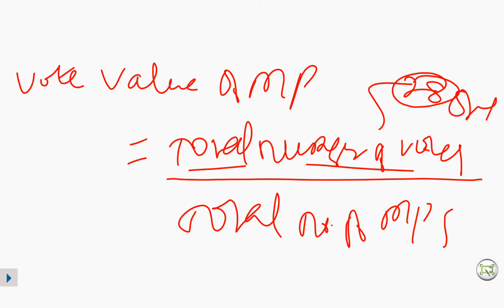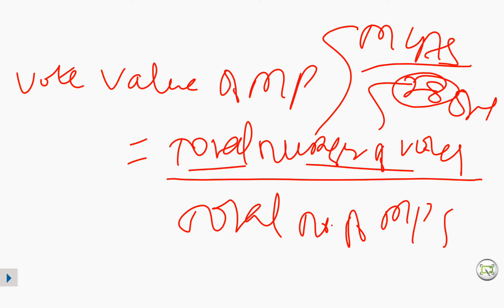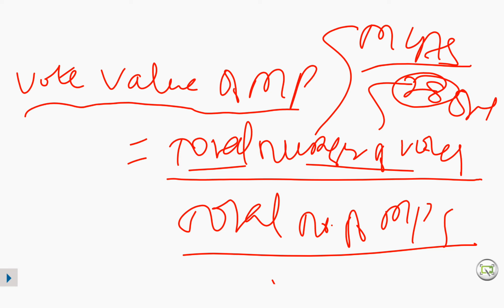So the total vote given to MLAs of all states divided by the total number of MPs in India will give the one vote value of MP.